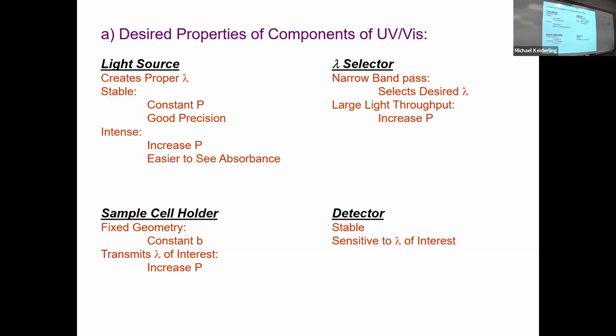But plastic cells are cheaper. So if you don't need those shorter wavelengths, use the plastic cell because they're cheaper and less of a pain to work with. Quartz cells are reusable, but the plastic cells are a lot easier to work with in many ways.